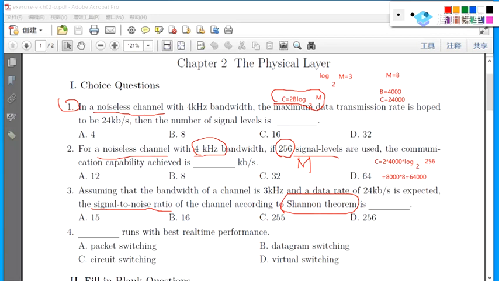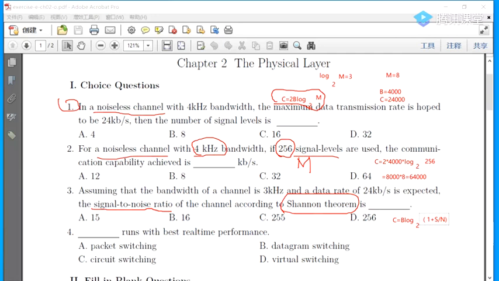The signal to noise ratio of the channel, according to the theorem, is... We should remember the Shannon theorem equation: capital C equals B times log 2 of 1 plus the signal to noise ratio.